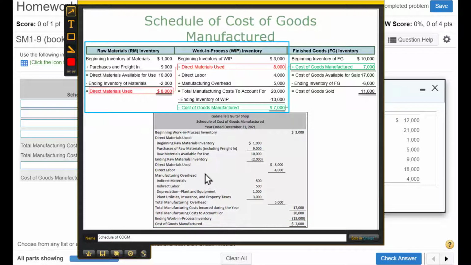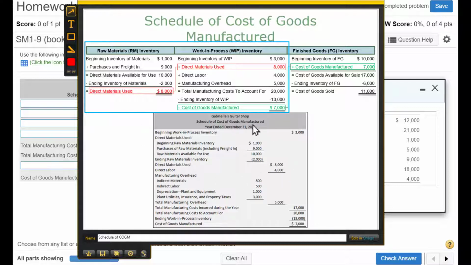And then one more thing. Sometimes this manufacturing overhead is broken out into more detail. Like here, they show indirect materials, indirect labor, depreciation on the plant and equipment, and plant utilities, insurance, and property taxes. So this is optional. Some companies will break this out. Some companies just leave it in one line like this.